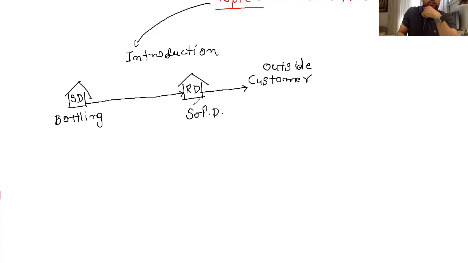All right. So remember, whatever product the supplying department transfers to the receiving department is called an intermediate product.